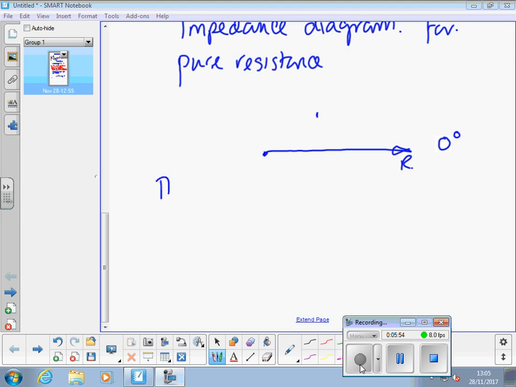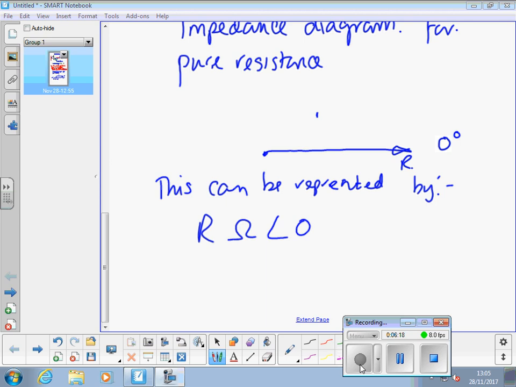This can be represented in two ways: as R ohms angle 0 degrees or 0 radians, or R plus 0j ohms.